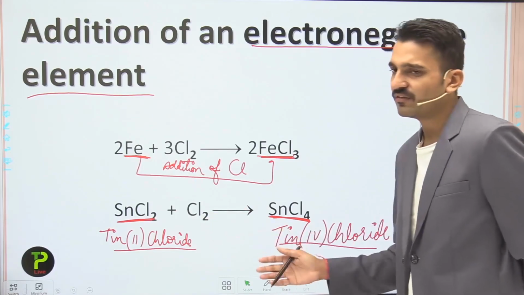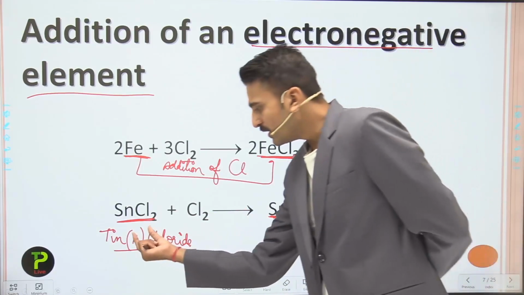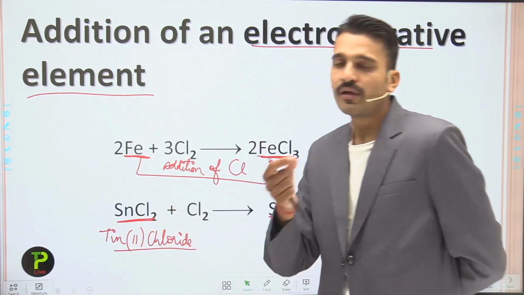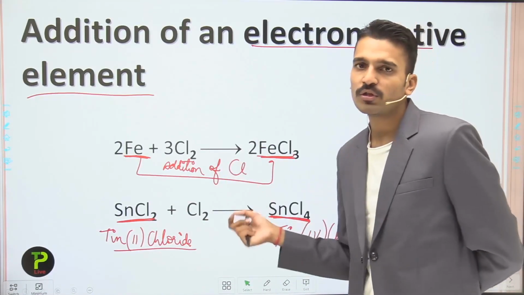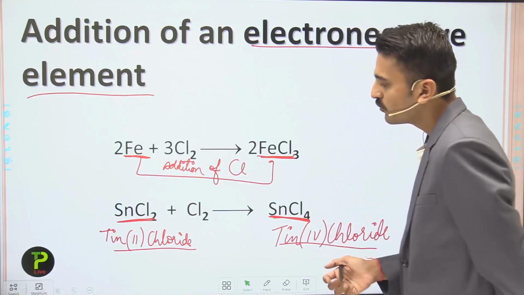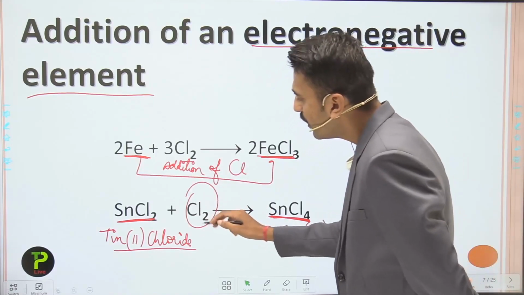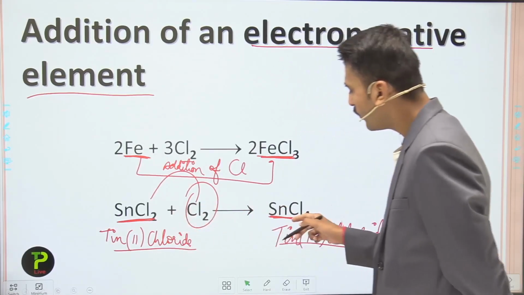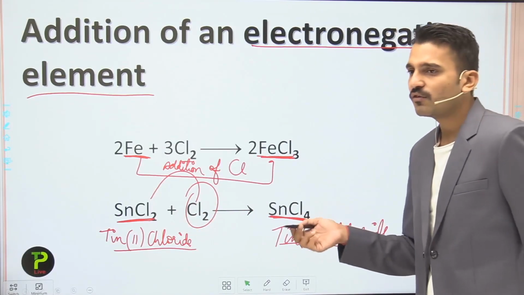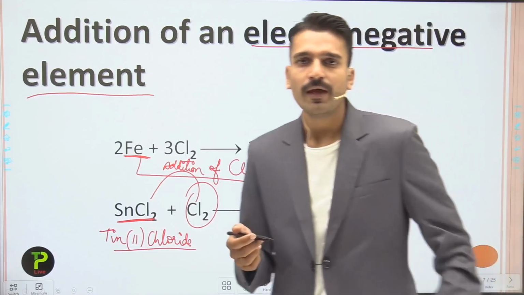So that is the difference. The name is the same, but in the parentheses you put the valencies, which differentiates both compounds of tin. Here 2 chlorine atoms are added to SnCl2 and it forms SnCl4. So there is also an addition of an electronegative element.